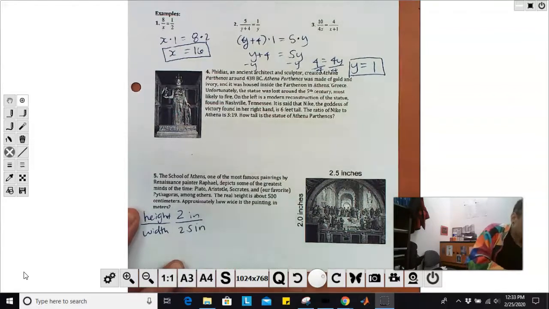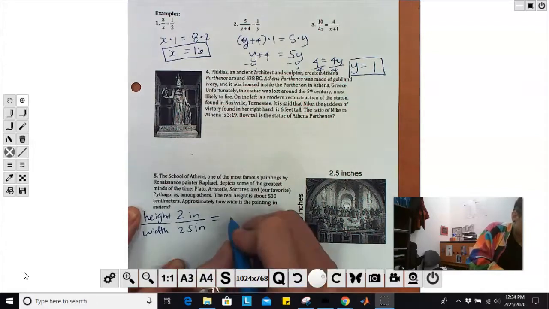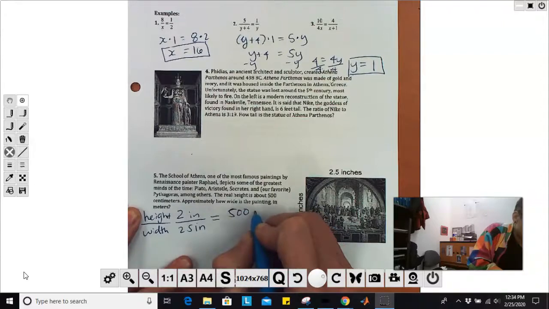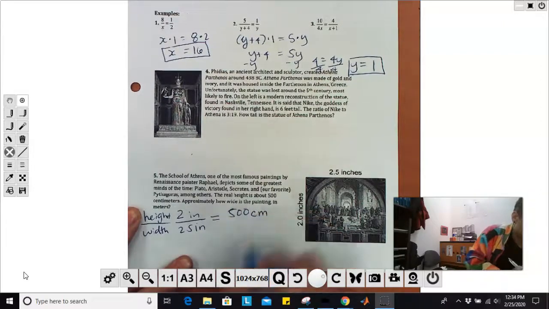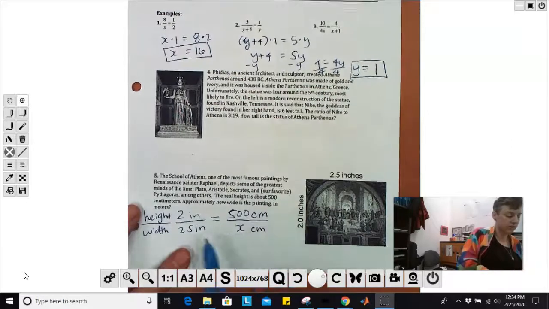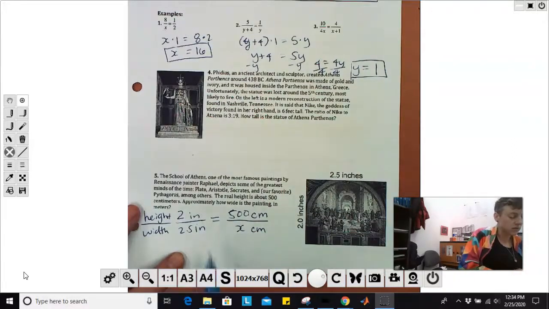We're saying the real painting, which is to scale, has a height that's 500 centimeters. And we're trying to figure out the width in centimeters of the new painting. So you're going to do your cross product property. 2.5 times 500 equals 2 times x, and solve for x.